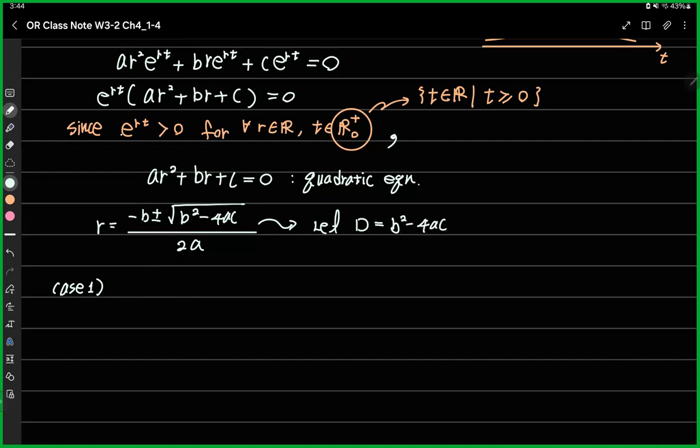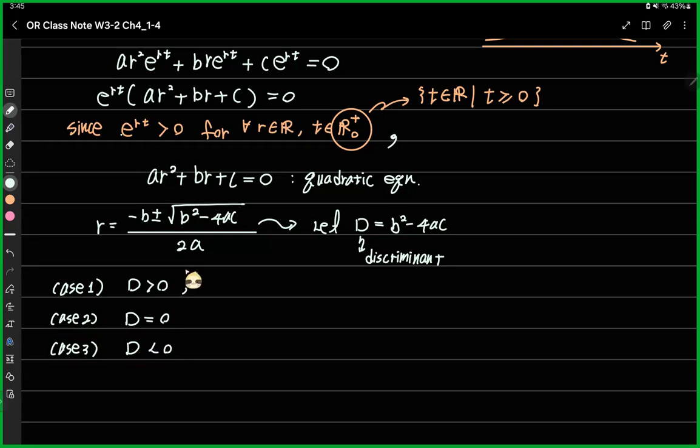So this means what? Discriminant, right? This means a discriminant. Okay. So if D is greater than 0, case 2, D equals 0, and case 3, D is less than 0.